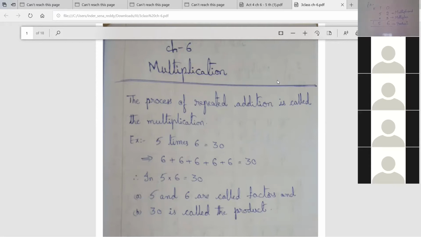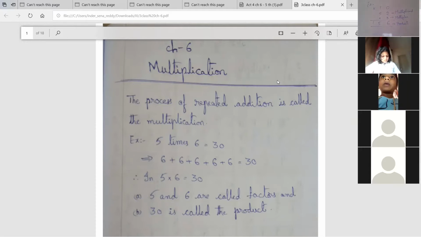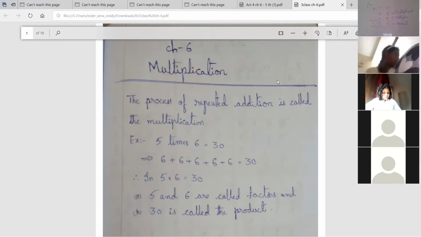Ma'am, mine is completed, ma'am. Who has completed? I'm Srilekha, ma'am. Did you finish properties notes? Yes, ma'am. Then try to do today's homework. Ma'am, I also completed. I'm Dhruva. Ma'am, what is today's homework?